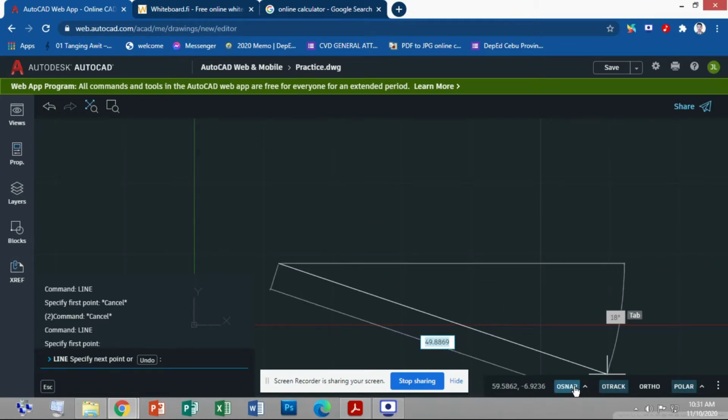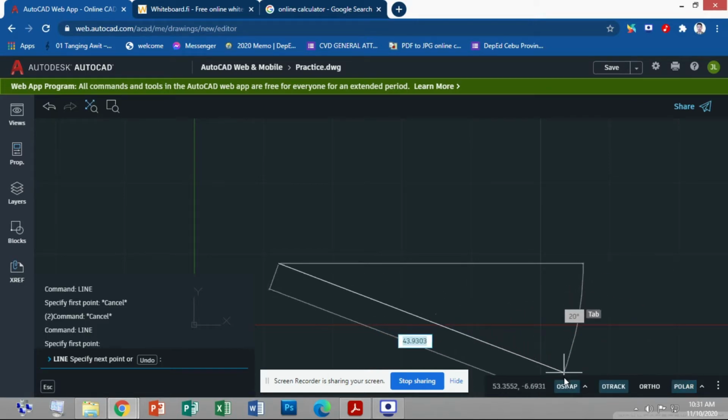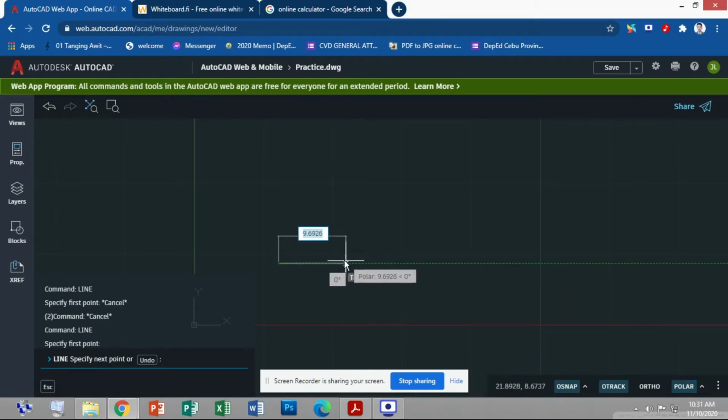Okay. Take note that yung green na line is because naka-on kasi ang aking object snap. Dapat i-on ninyo yan, si object snap, si object track, at saka si polar tracking. Every time I will draw a horizontal line, automatic merong guide na magpapakita.